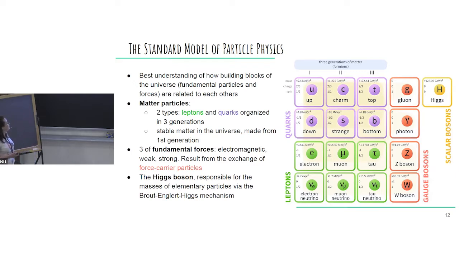And then we have force carrier particles that are the vector bosons, the photons and gluons, so the particles responsible for the fundamental interactions, basically. And then the famous Higgs boson that is responsible for the elementary particle mass, basically.